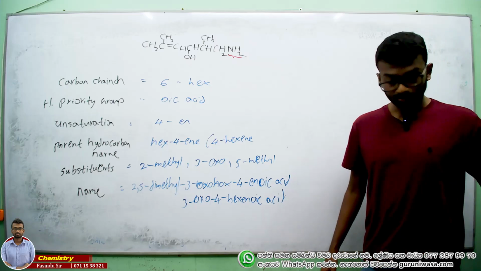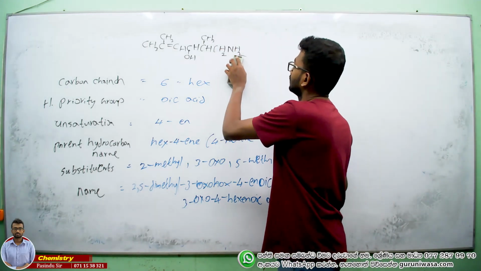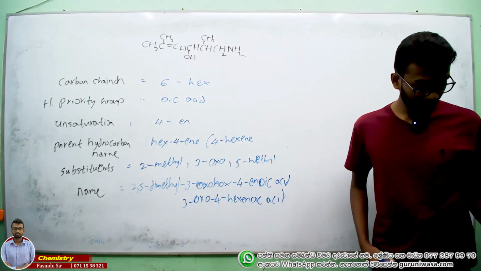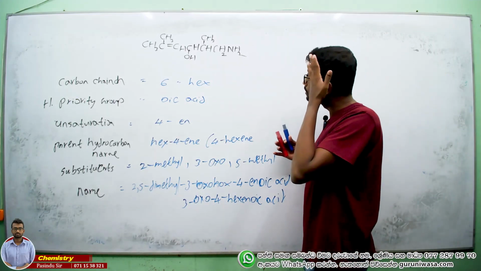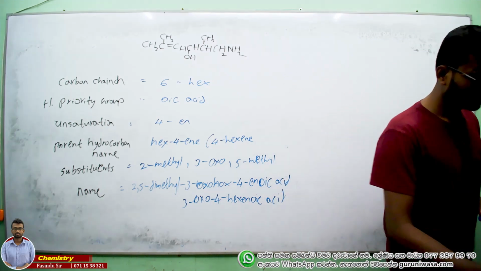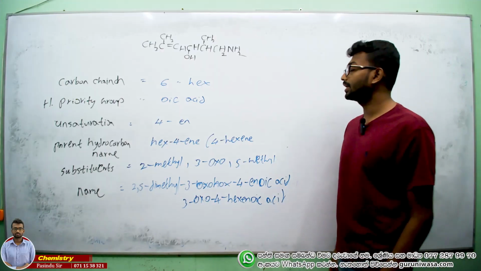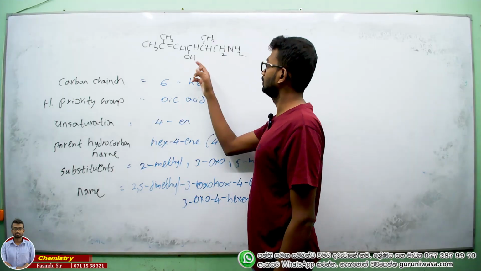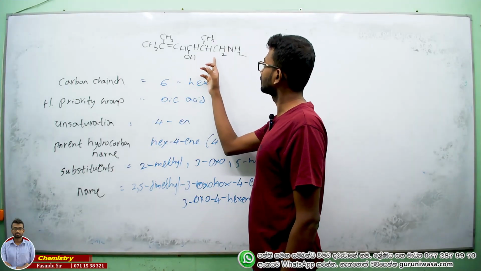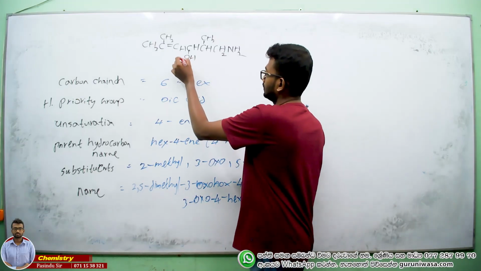Here, it's not the NH2 group, right? That is alcohol only, right? So alcohol is higher than the NH2 group, right? So this is the highest priority one.